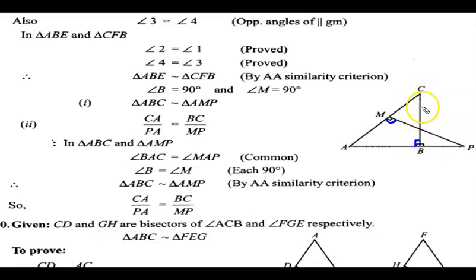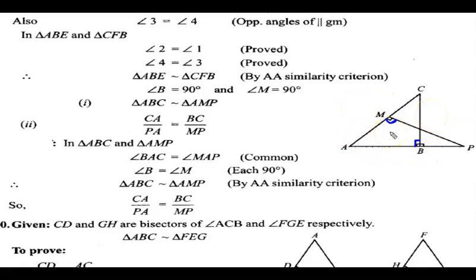They got to be perpendiculars. Then firstly we have to prove that triangle ABC is similar to triangle AMP. So this is A, M, P, this is A, B and C. So you have to prove this.